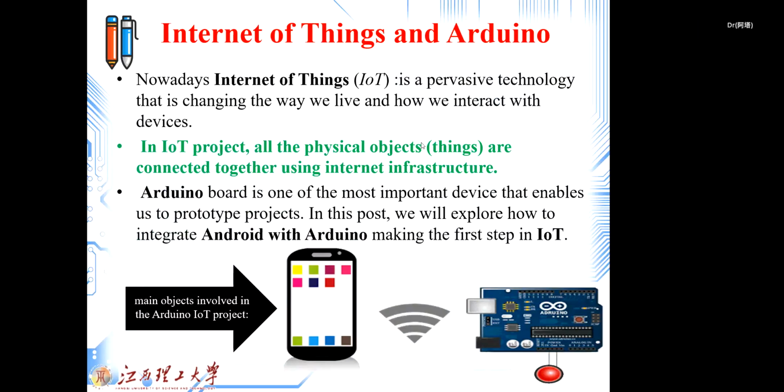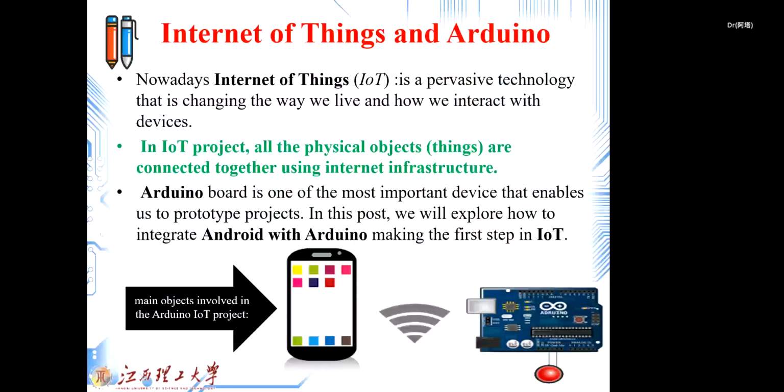This IoT is the abbreviation of Internet of Things. As I said, it's one technology that's going to change how we live and how we interact with devices. In IoT, all the physical objects are connected together using the internet infrastructure.